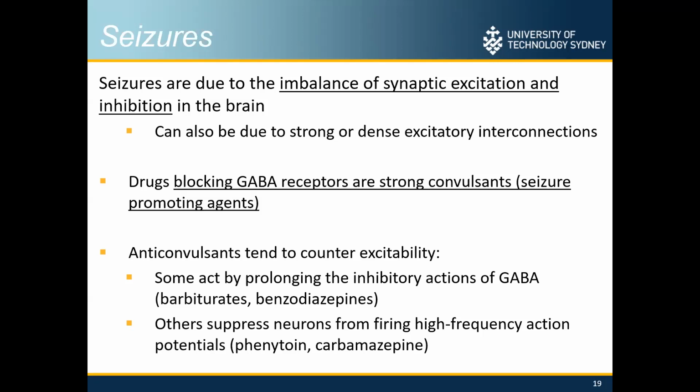So an example here would be the use of barbiturates, benzodiazepines as well. Okay, it has been shown that the use of medications that block GABA receptors, okay, that reduce the inhibition of excitatory neurons tend to be considered as strong convulsants. So these are seizure promoting agents.